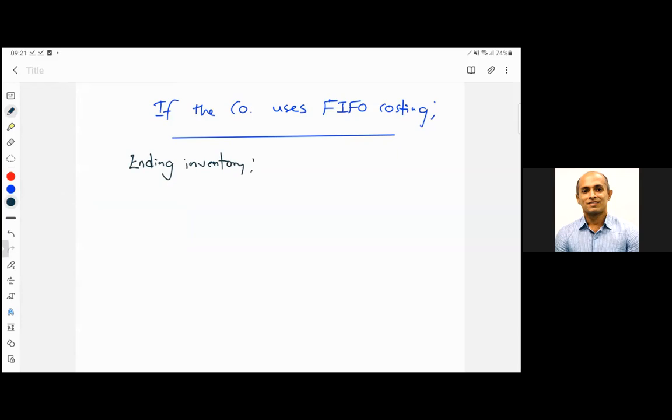How much is the ending inventory? Quickly calculate for the same example. During the year, you had 330 units. Out of that, 100 units were sold, so the ending inventory quantity is 230.